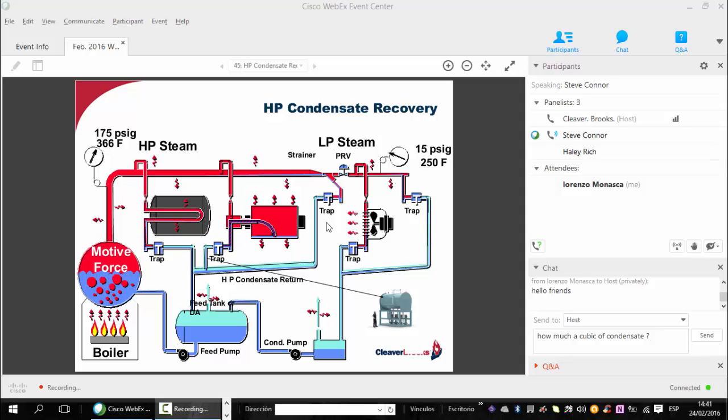All right, here's another possibility. Why not take the hot condensate right back to the boiler room using a high-pressure receiver as shown on this diagram? It certainly cures the problem of thermal water hammer because this effluent never goes into the common return line.